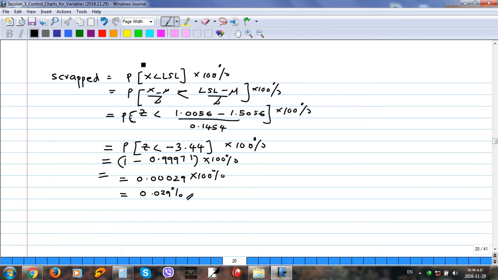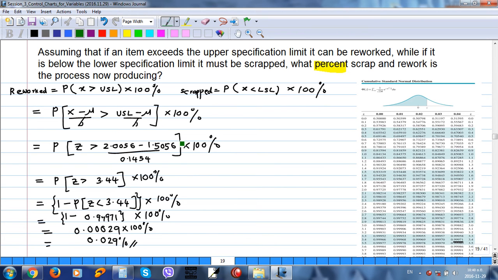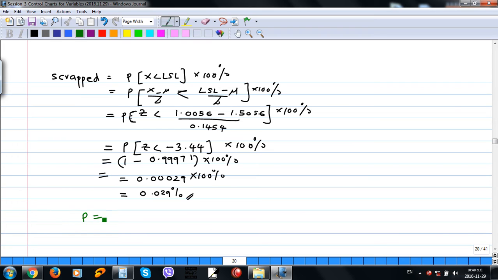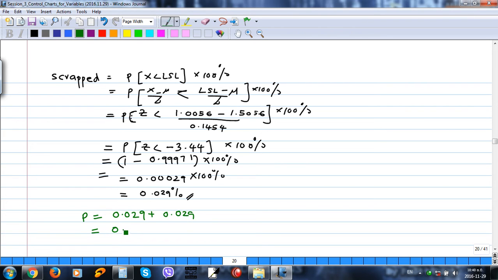And we can also understand one thing from this. Scrapped means below the lower specification limit, and revoked means exceeding the specification limit. It means these entries are not within the given specification limits. If we add these, 0.029 and 0.029, we get 0.058%.